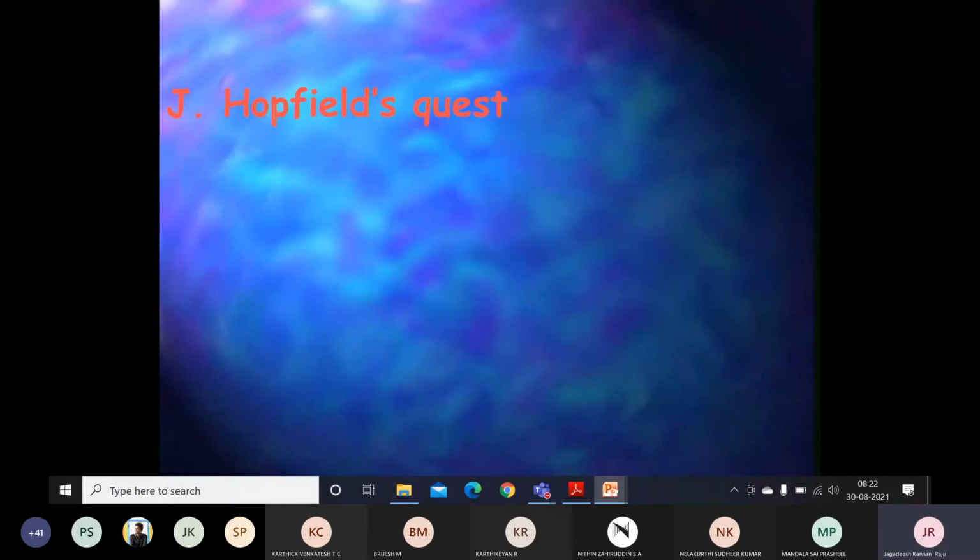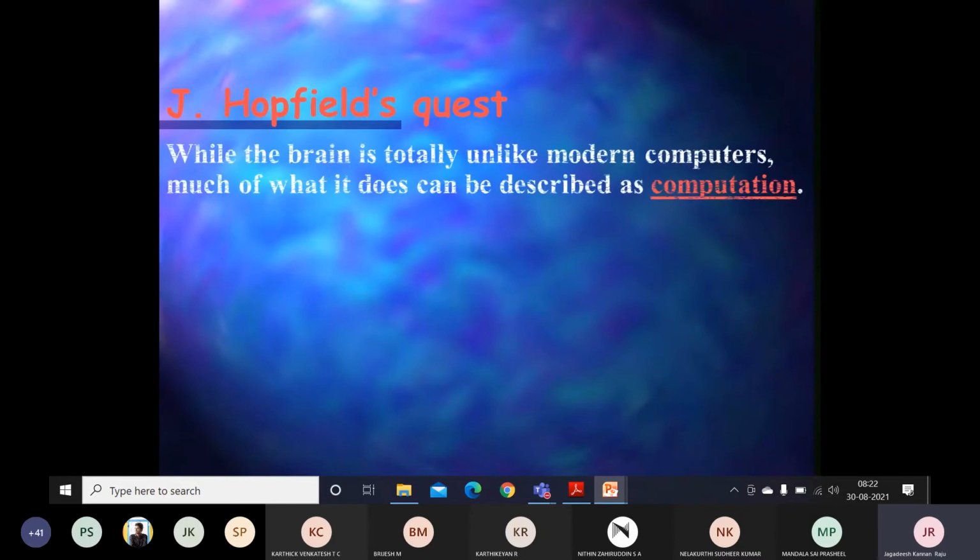So what is the quest of John Hopfield? To introduce physical systems into the neural network domain. While the brain is totally unlike modern computers, much of what it does can be described as a computation.